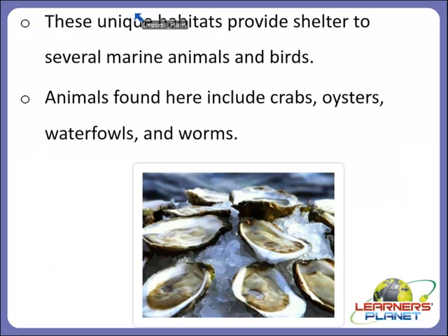These unique habitats, the coastal ones and the estuaries, which are the regions where salt water mixes with fresh water, provide shelter to several marine animals and birds. Animals found here include crabs, oysters, waterfowl, and worms.